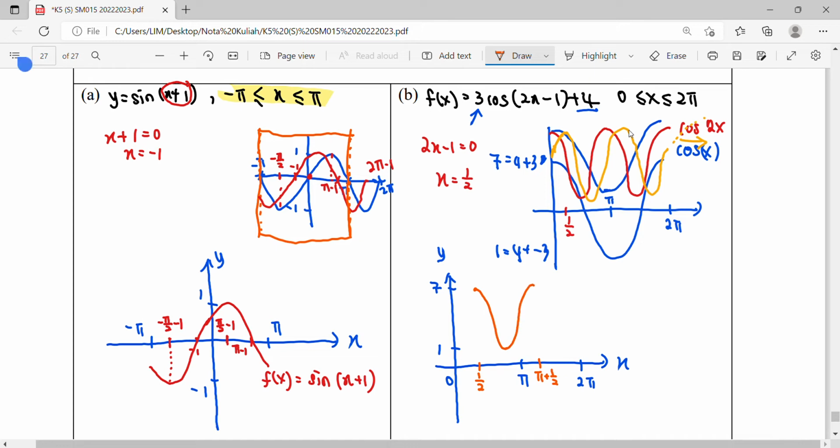So this is 1x, 2x. Supposedly ending here, but our graph is more than 2 pi already. So this part is going to rub off. We only show until 2 pi. So at the beginning of the graph, I just touch up, start from 0.